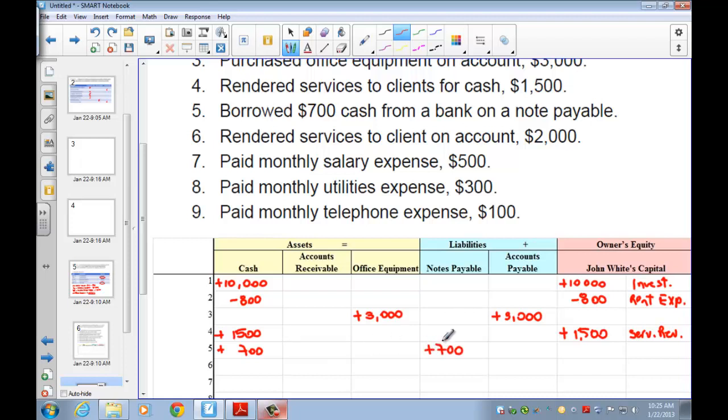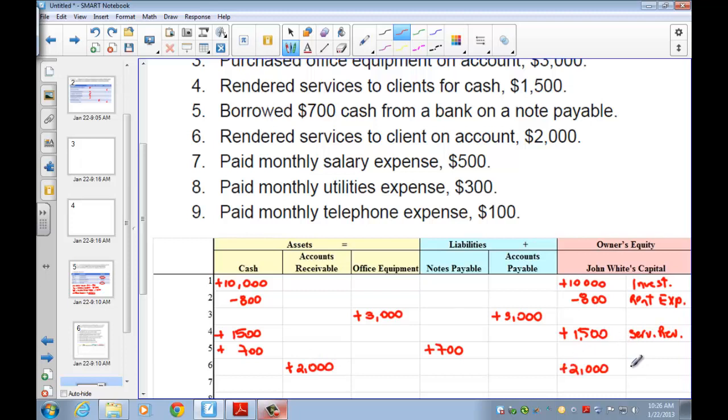Number 6, services rendered to client on account, $2,000 total. Since it was on account, this means that the client still hasn't paid up. So this one will affect the accounts receivable account, and it will increase it by $2,000, and it will also increase John White's capital by $2,000.